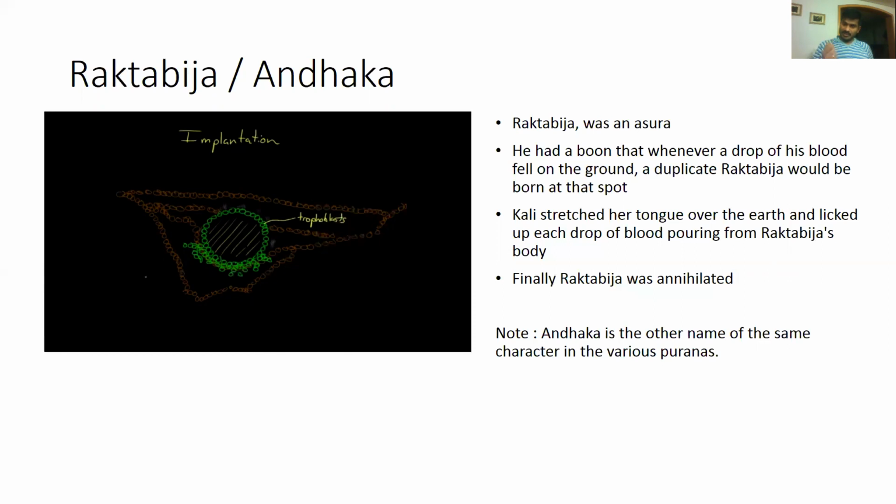Rakta Bija was an asura. He had a boon that whenever one drop of blood falls from his body onto the ground, another duplicate Rakta Bija would be born. So it is almost impossible to kill him. What Kali did was, she stretched her tongue all over and she licked each drop of blood pouring out of Rakta Bija's body.